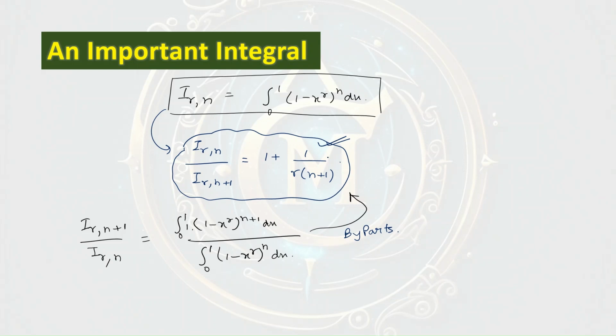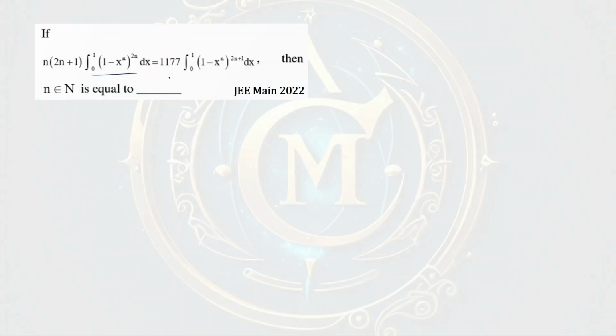Direct questions in JEE Main have been asked on this relation almost every year. Here, you can see these two integrals are nothing but I of n comma 2n and I of n comma 2n plus 1.